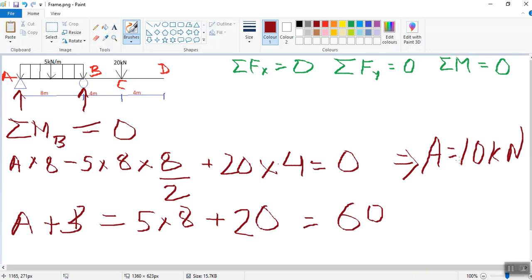Since A is 10 kN as we have already calculated it, which gives us B equals 50 kN acting upward.